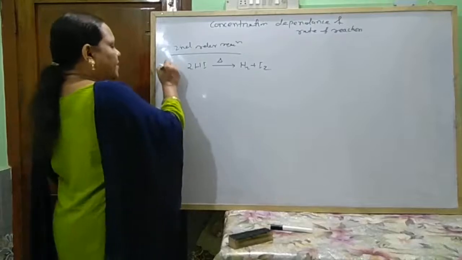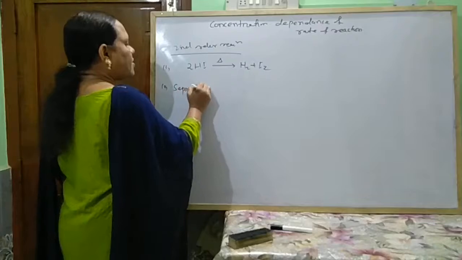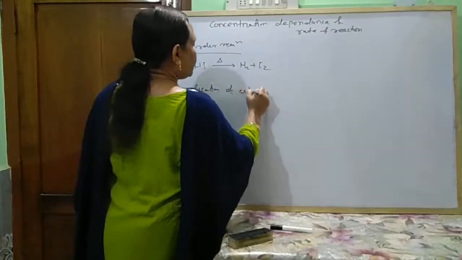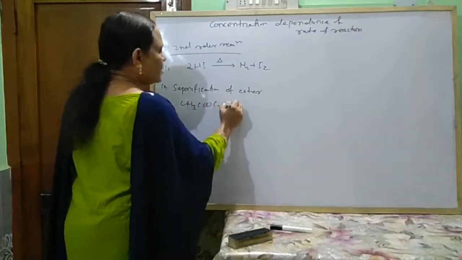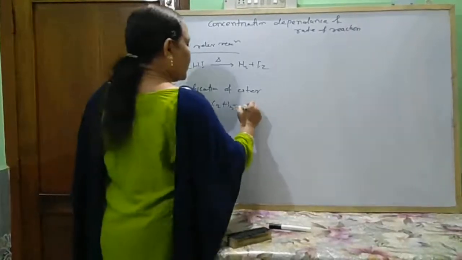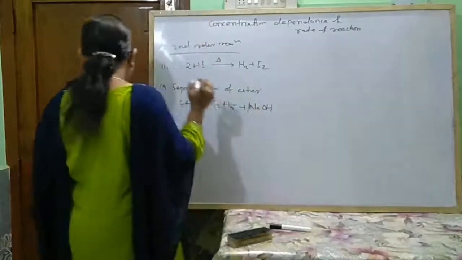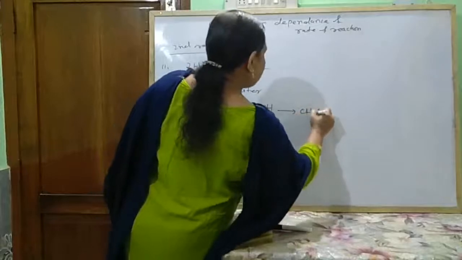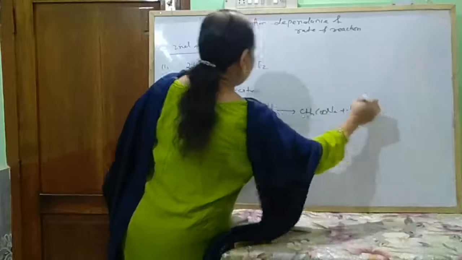Similarly, saponification of ester. This is ethyl acetate when it reacts with sodium hydroxide; it gives CH3COONa plus C2H5OH.